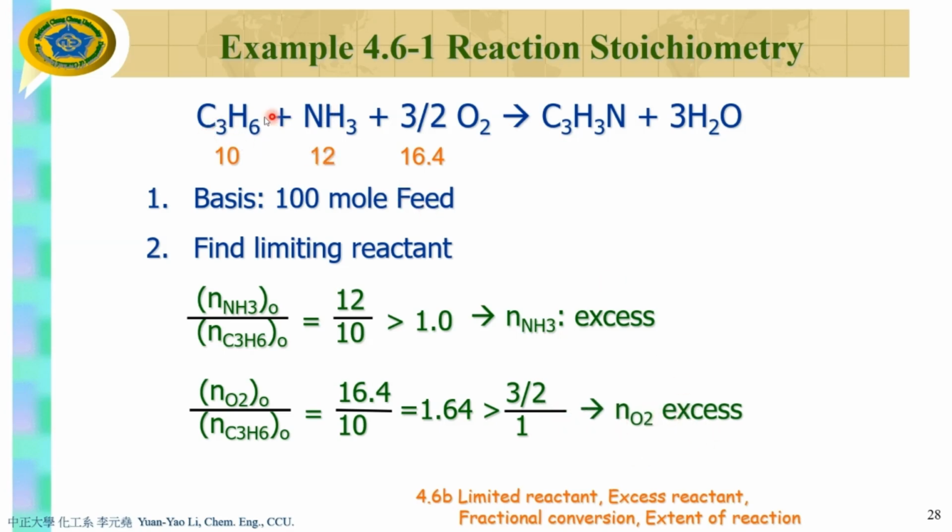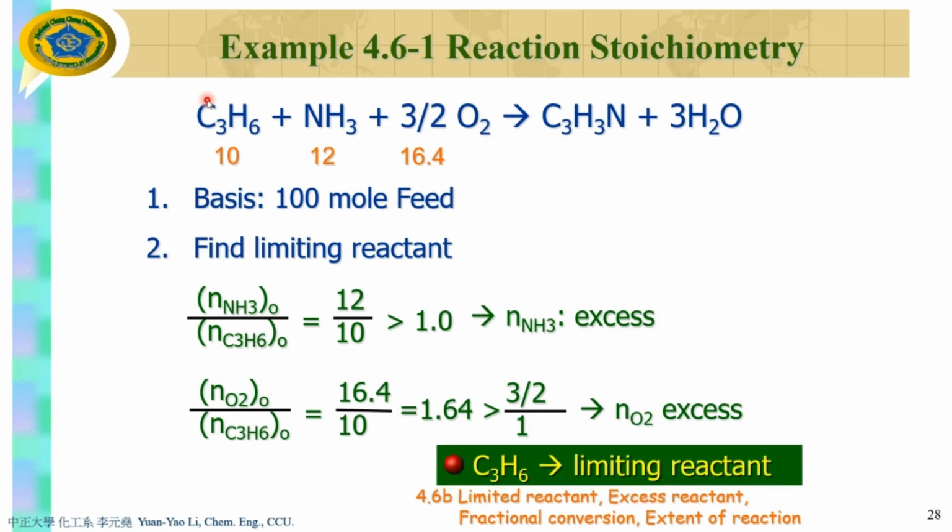If you compare to these two, ammonia is in excess. If you compare to these two, oxygen is in excess. So this one will definitely be the limiting reactant. C3H6 will be the limiting reactant.